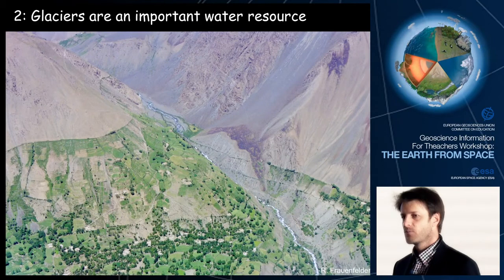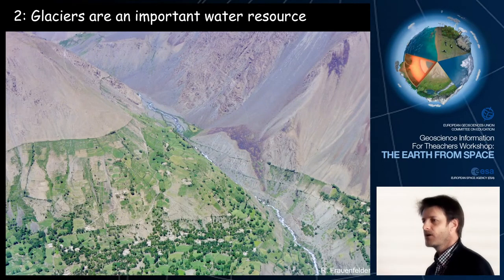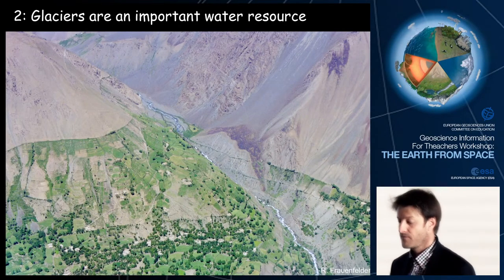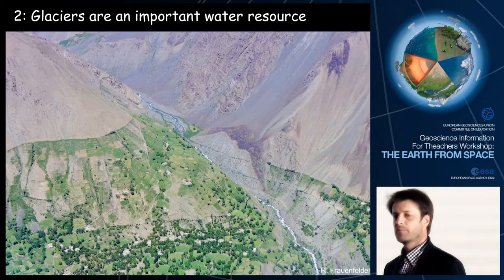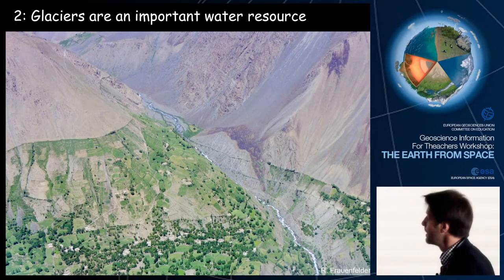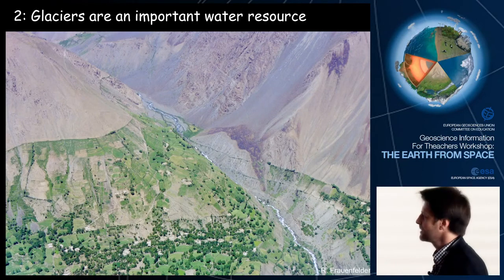Second good reason to monitor glaciers is that glaciers are in some regions a very important water resource, in particular in the dry season, when in some regions glacier meltwater is the only water supply. This is an image in the Pamir. Actually, this is Afghanistan. And most of the water in this river comes from glaciers.